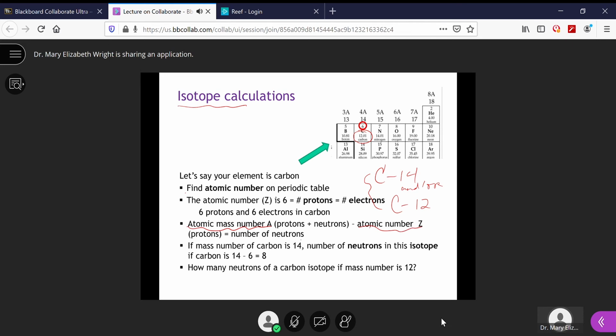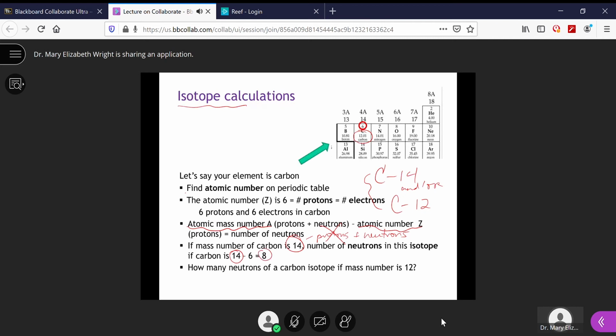So if the mass number of carbon is 14, and the mass number, again, I remind you, is protons plus neutrons, we can always find out how many neutrons we have by taking the mass number, subtracting away the number of protons, and getting back to the number of neutrons. So if it's carbon-14, it's going to be 14 minus 6 equals 8.